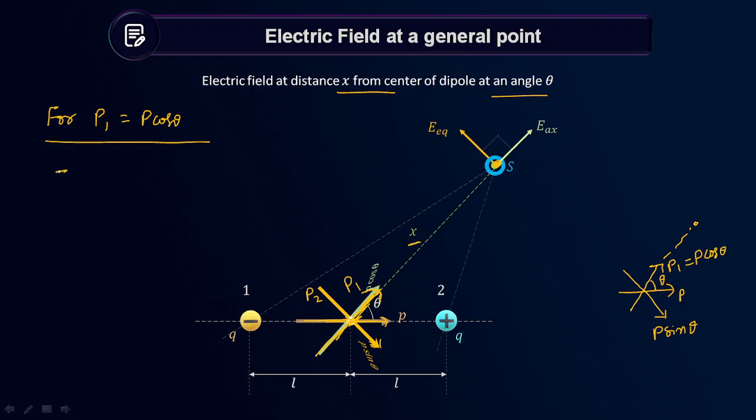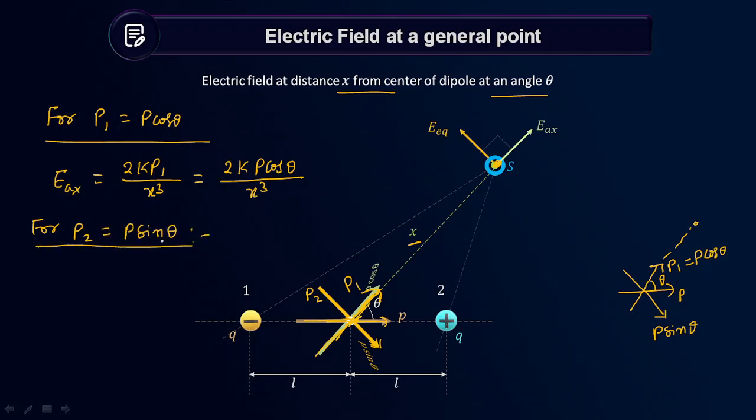So I can say this is E at the axial point, and for the axial point we have the formula 2kP1 divided by x cube. Putting in the value, it becomes 2k P cos theta divided by x cube, right? Now for P2, which is equal to P sin theta, this point is the equatorial point.